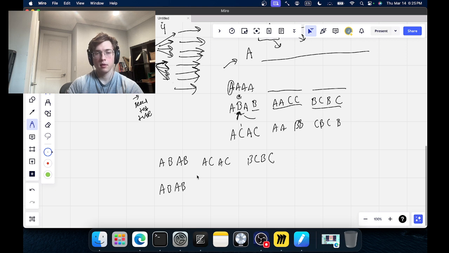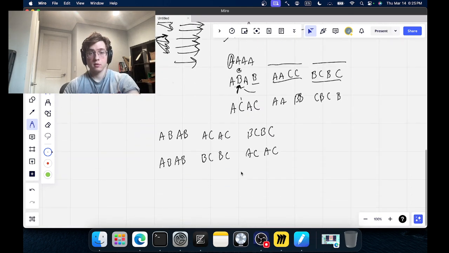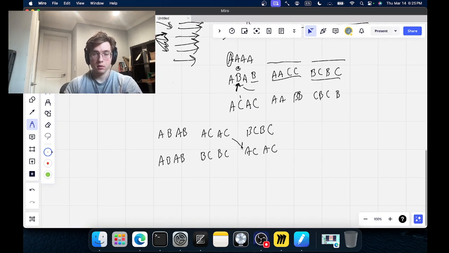AB, AB, BC, BC, AC, AC. So here I have just swapped these 2 test tubes, right? So is this something that my formulation could have generated? Nothing wrong that I see here.